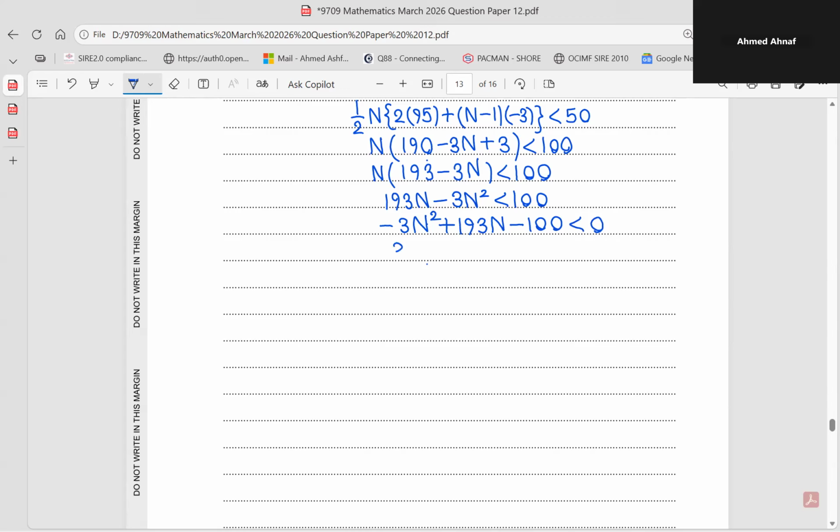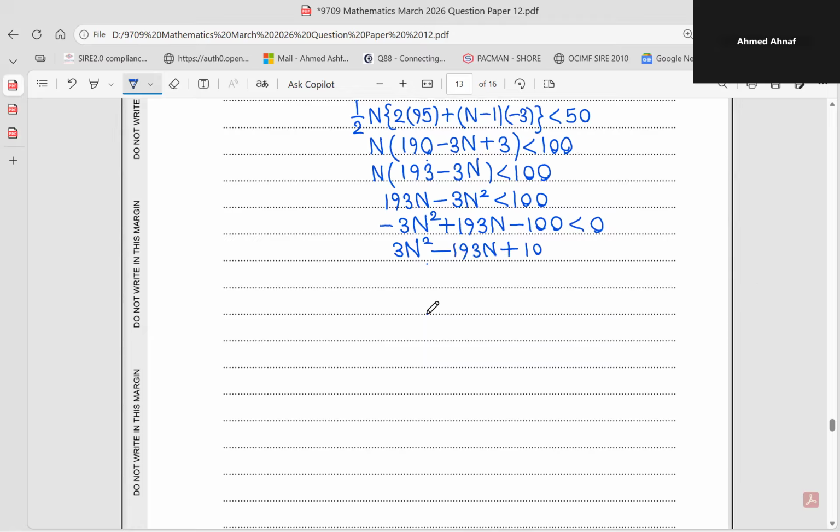So with that, we will get 3n squared minus 193n plus 100. And one thing to keep in mind is when you divide or multiply by a negative number, the inequality sign flips. So this is going to be more than 0.